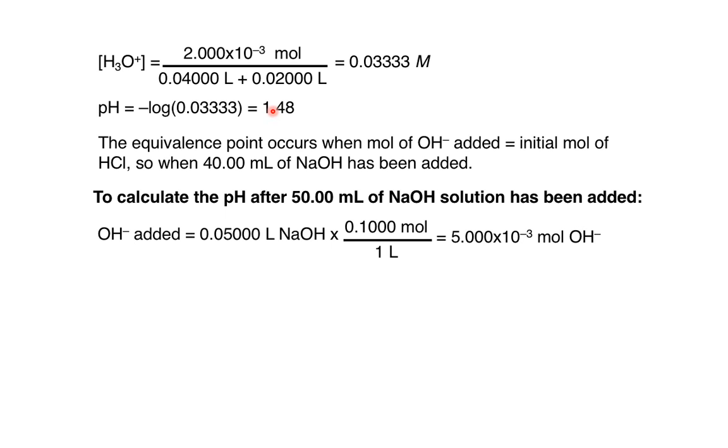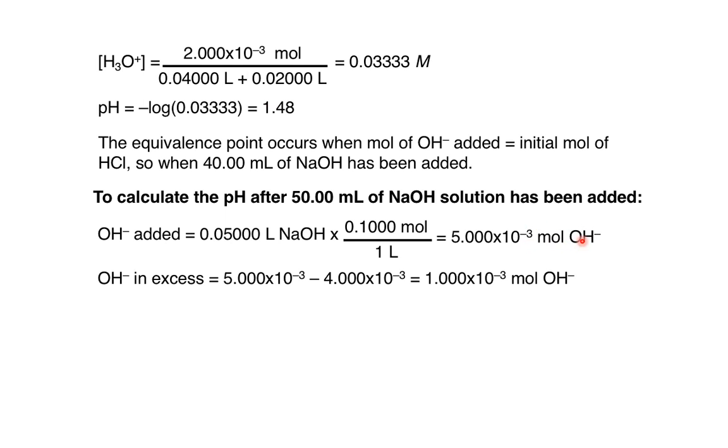So that means we're going to end up with a number of moles of hydroxide being equal to 5.000 times 10 to the minus 3. This is the number of moles of hydroxide. Now, to find the excess of hydroxide, we have to subtract from this value the total number of moles of HCl or H+ or hydronium ions present in the initial volume that we were titrating against.